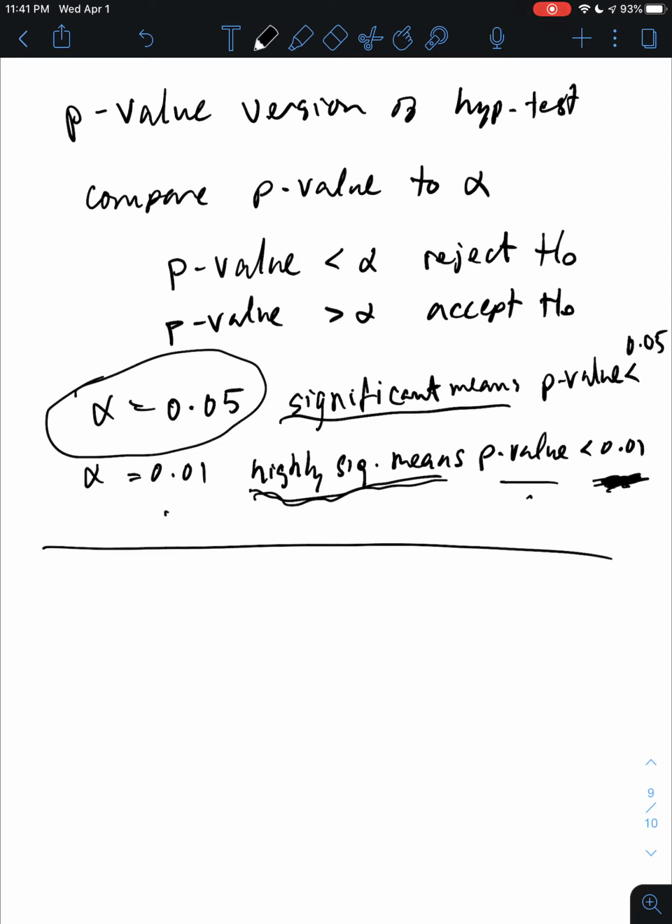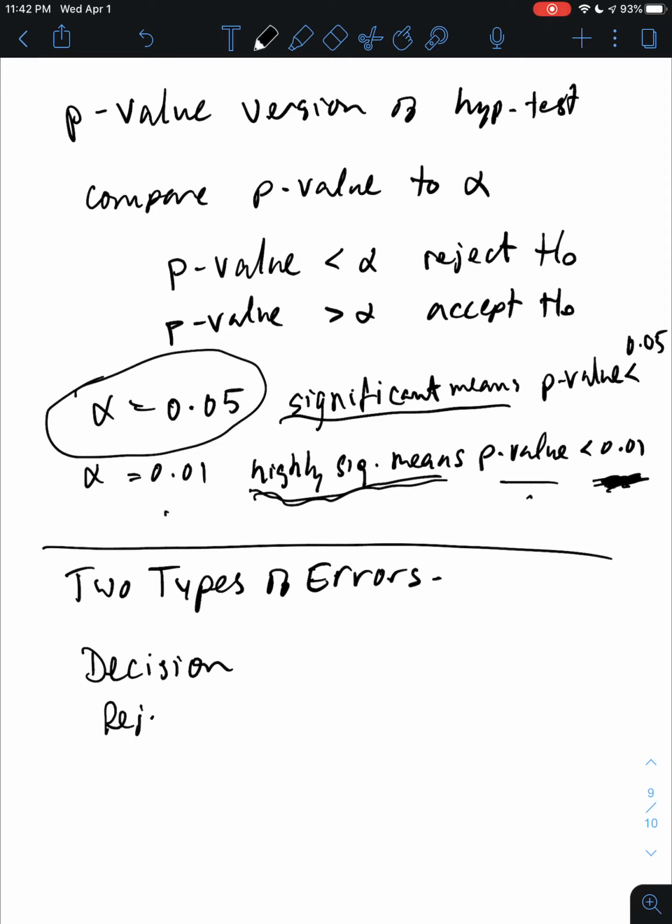Finally, one last thing in this section. This is that there are two types of errors in statistics. So we can make up a little table, and so our decision is either to reject the null hypothesis or to accept the null hypothesis.